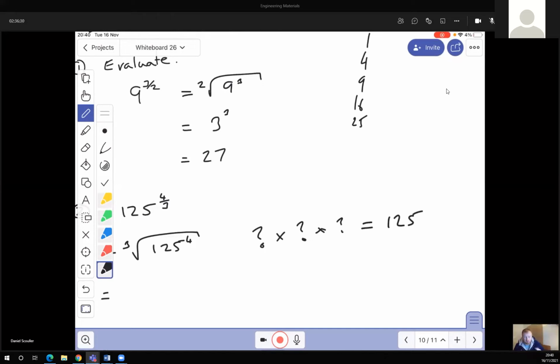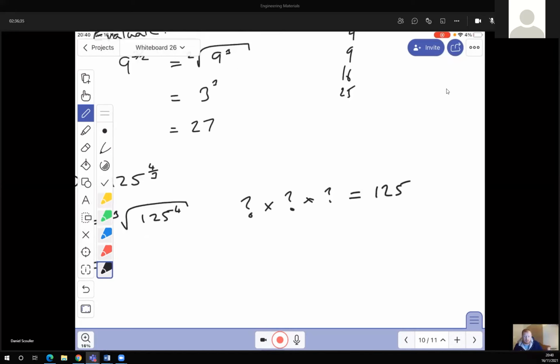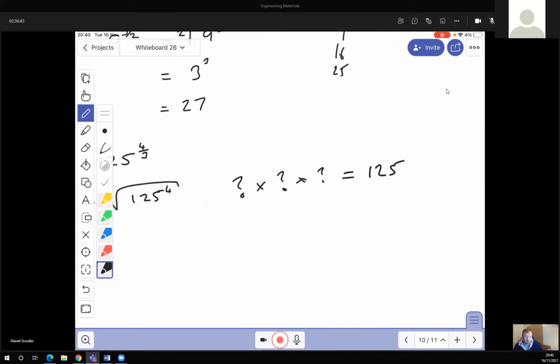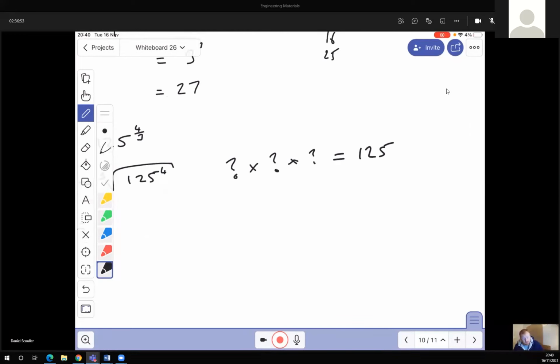Quite a high number, but just go through the process. 1 times 1 times 1 equals 1, 2 times 2 times 2 equals 8, 3 times 3 times 3 is 27, we just did that. 4 times 4 is 16, times 4 is 64, so we're not quite there. 5 times 5 times 5: 5 times 5 is 25, times 5 is 25, 50, 75, 100, 125. So we're there.